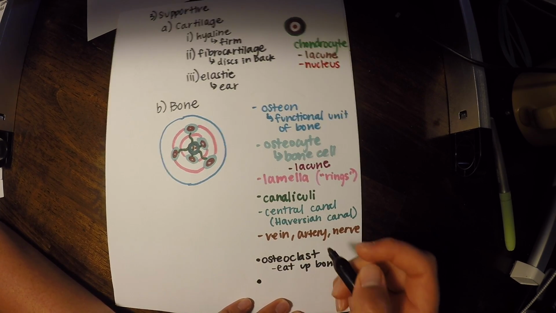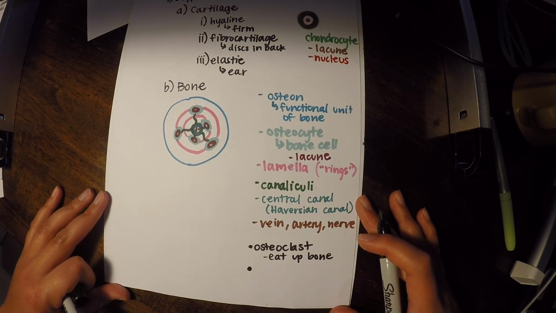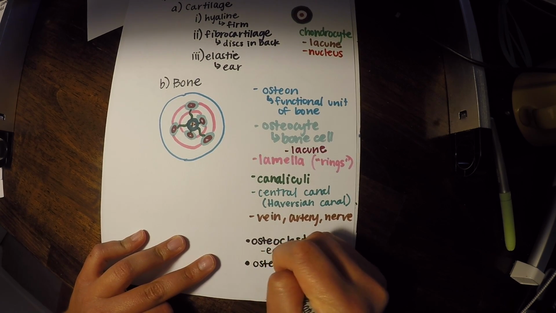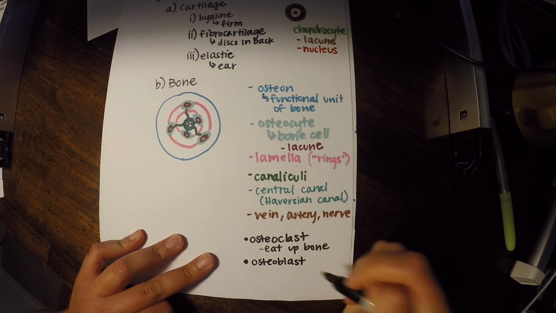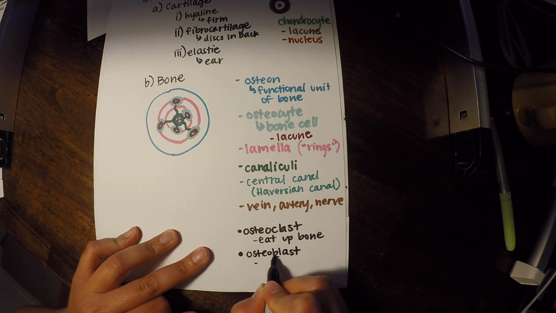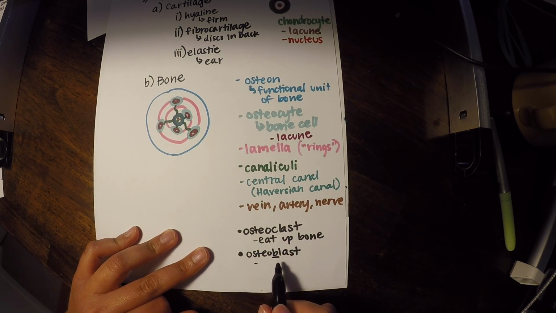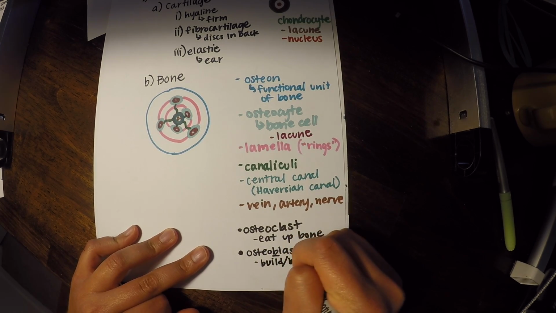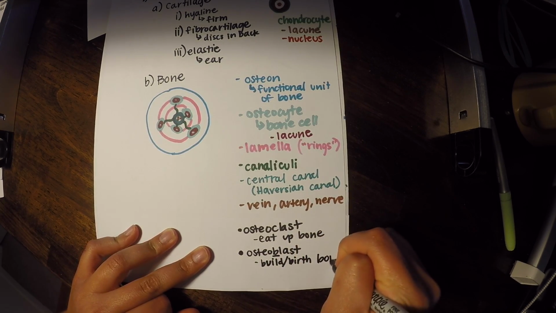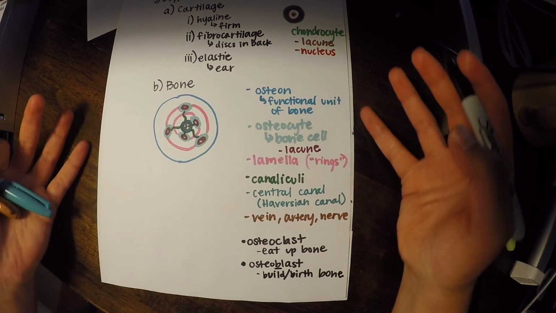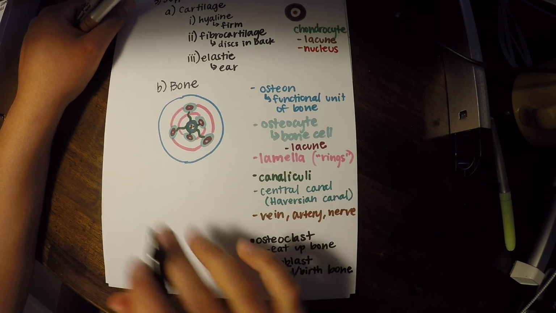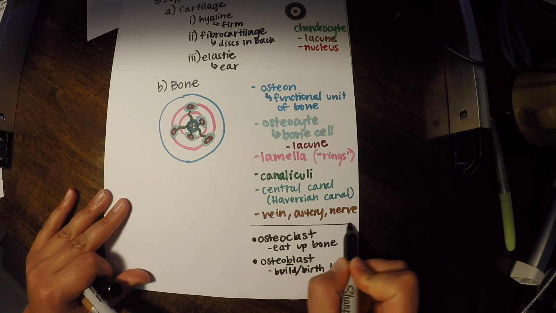And then you also have osteoblasts, which create, or like they build or birth bone. And I like to think about birthing or building because osteoblast starts with a B, which is the same as building or birthing bones. So those are 2 types of different cells that will be within this bone structure, even though they're not pictured in this little model. So I'll just draw a little line there.